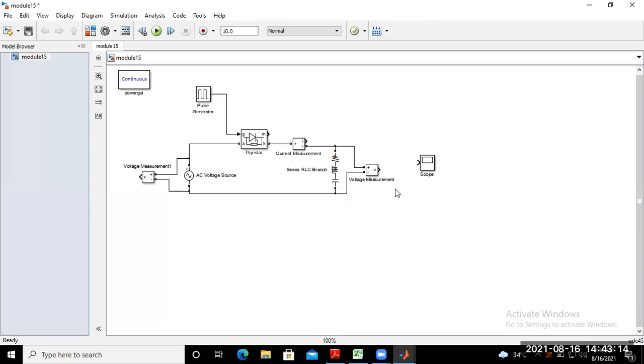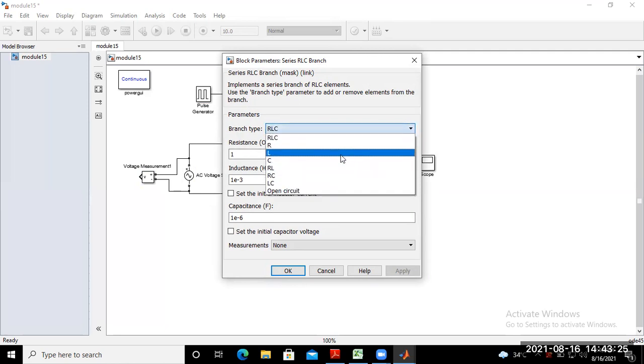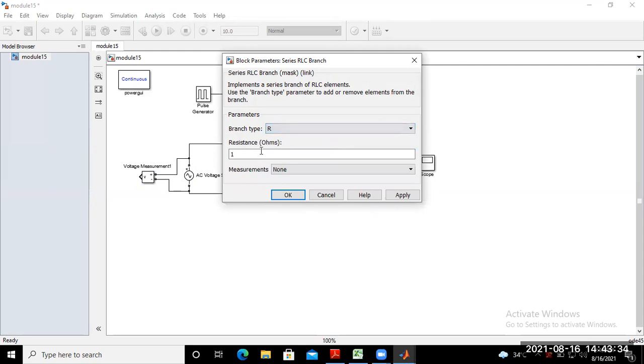Now for the purely resistive load, just change this load. If you select the branch here, click here, you will find various types of load components. According to our requirement, we can just select the load. Okay, so pure resistive, just click on resistance, and we just consider the resistance value, any arbitrary value or the default value 1, whatever you may want.